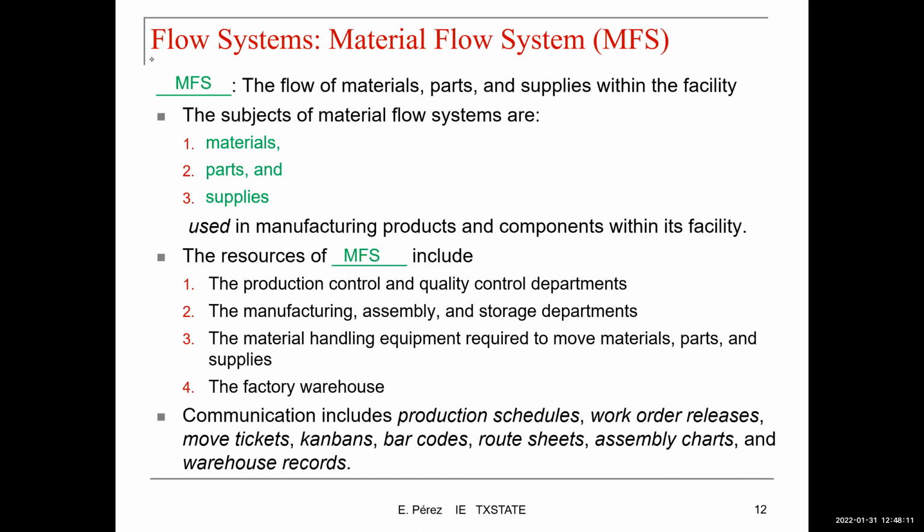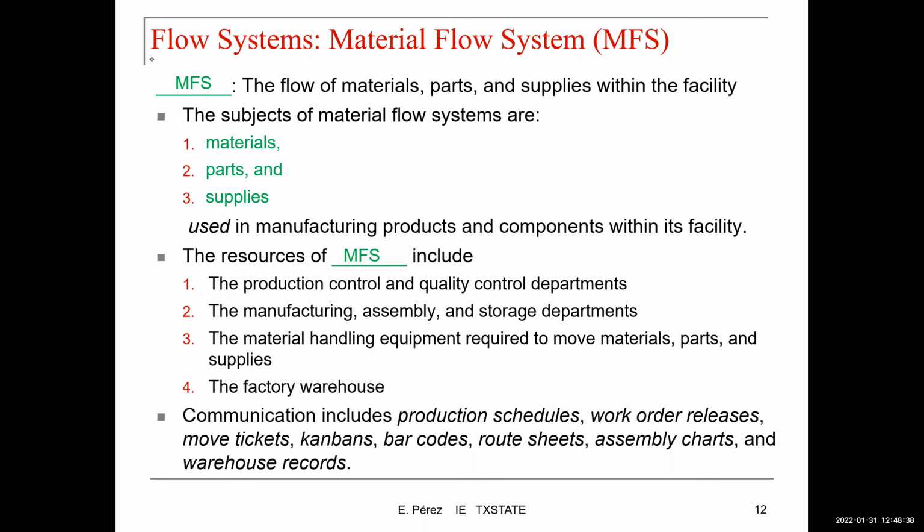The resources of the material flow system include the production control and quality control departments. So remember from our previous discussion, we were trying to plan how many parts we needed at the beginning of the process so we can get this many and we can send them to the customer. So if we needed, let's say 300, we know that at some point we're going to lose some of those parts because of defective rates and so on.